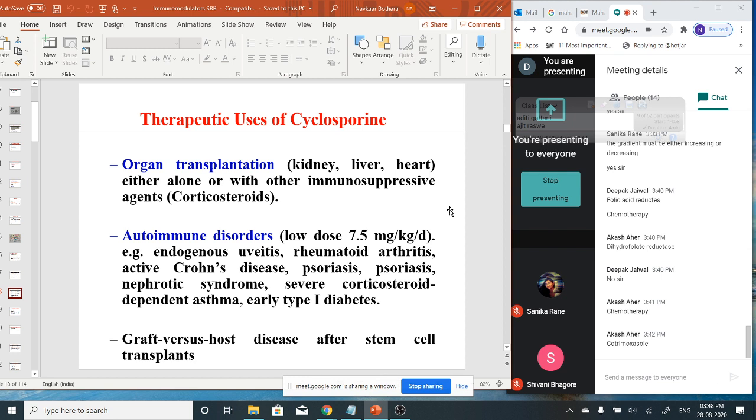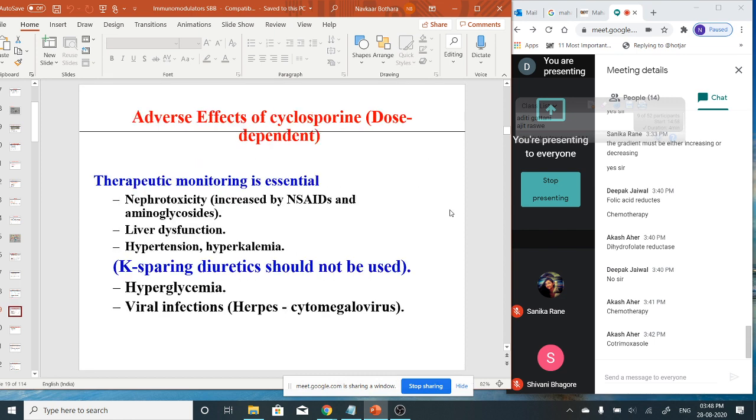In that, it can be given. It can also be given in graft versus host disease after stem cell transplants. So these are the various uses it has.